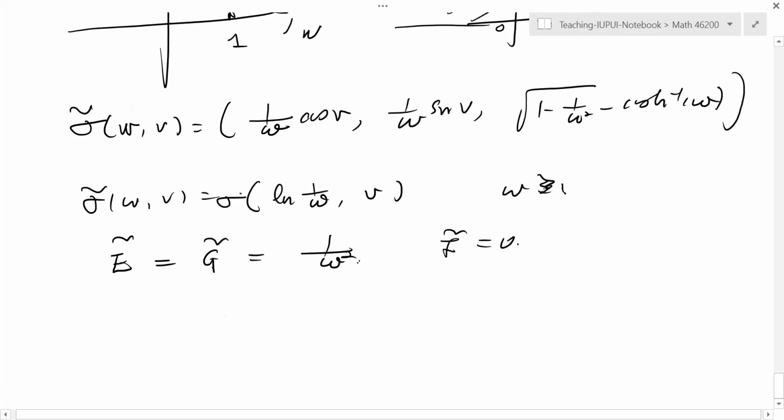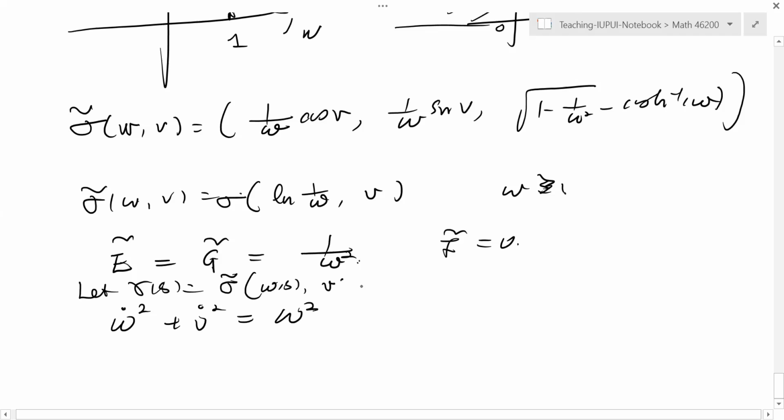And the unit speed condition: w dot squared plus v dot squared, over w squared, equals 1 is going to be the unit speed curve if you use w. That's the unit speed equation for w of s, v of s.